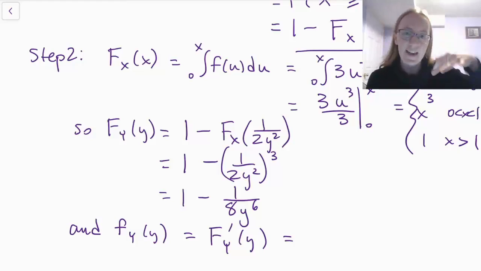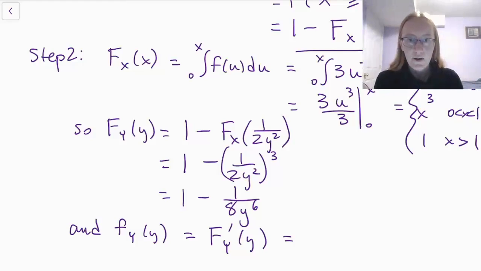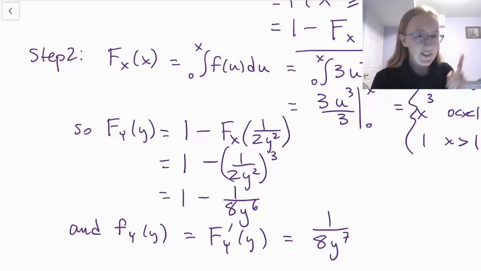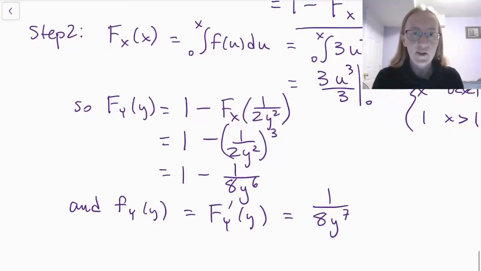So the negative from the negative 6 will cancel out, and then we'll get 1 over 8y to the 7th. Just differentiating with respect to y. So you should be able to get that without too much trouble. There was not a lot of complicated integration happening here, but that's what you should get. So that's our probability density function of y.